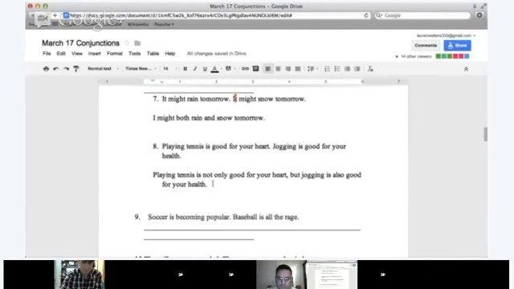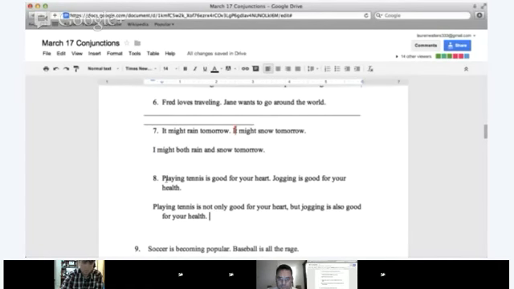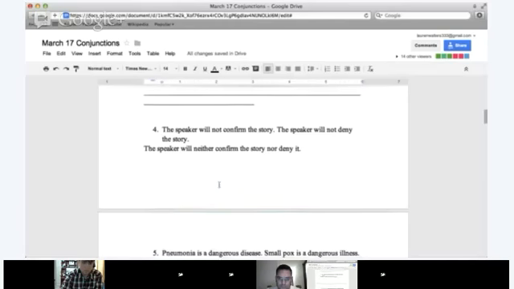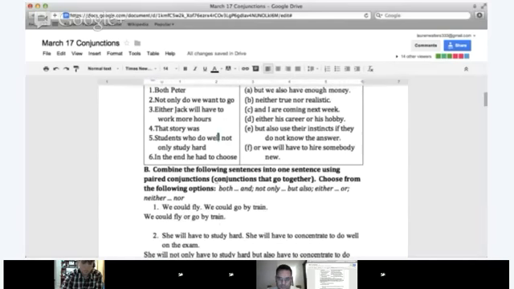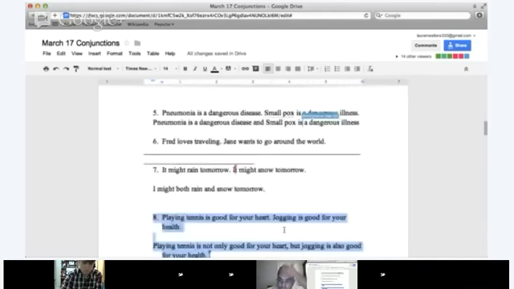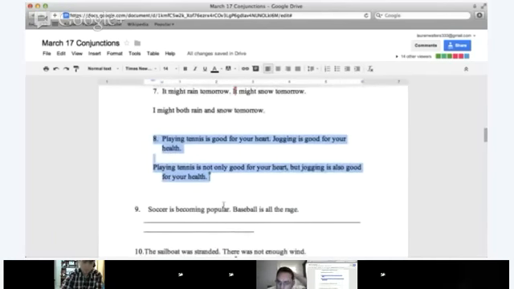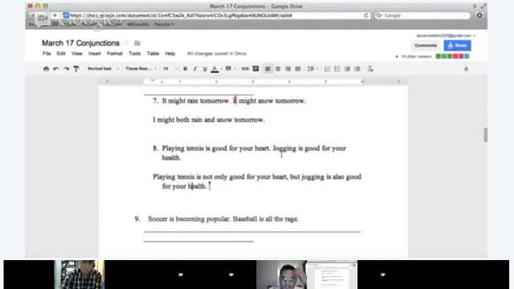This one, there are actually two different things going on here. I'm just going to highlight this, but if you go up here, you could do both and, either or, neither nor, or but and also. To be honest, for number 8, playing tennis is good for your heart, jogging is good for your health.